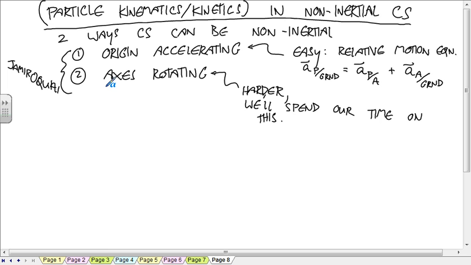Well, it's actually a property of taking derivatives. I think it's kind of interesting to see how this works. So what goes wrong when the axes are rotating?